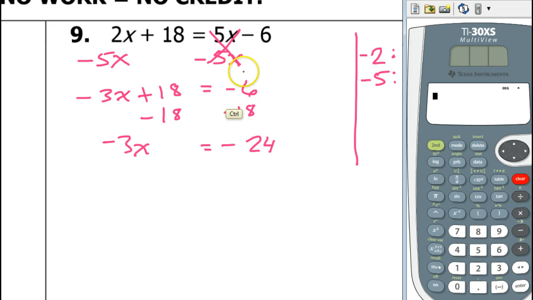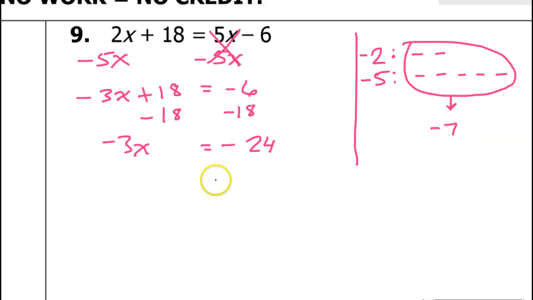If I were you, I would always do this as addition. So I would do negative 6 and then plus, and then I would do negative 18. Notice I'm using this little negative sign down here, not the gray minus sign. And that will give you negative 24 as well. Anyway, now that I want to get x by itself, I need to divide both sides by negative 3.